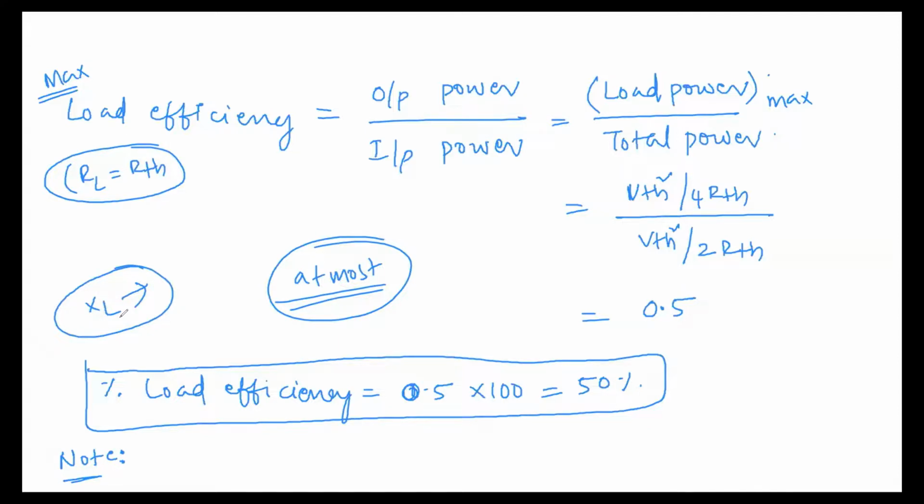The second and third cases will be discussed next year, possibly in the networks class, so don't worry. Only the first case has been discussed, and the questions will be based on the first case only. By the end of this class, I might tell you. Clear? So now you know all the theory related to the maximum power transfer theorem. Now we will do some problems.